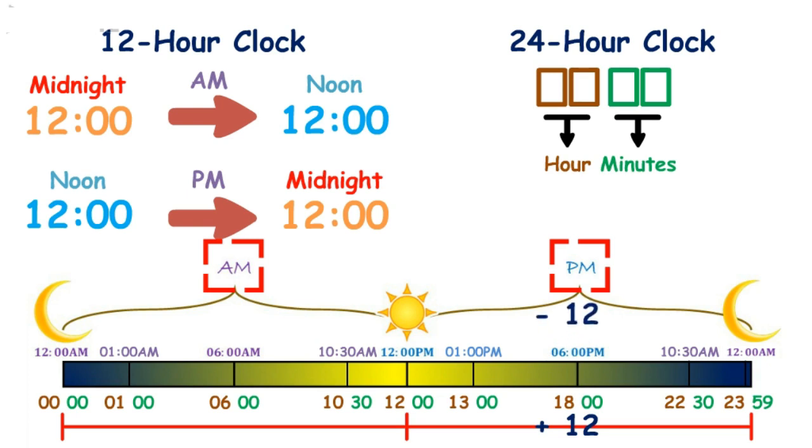For example, 1300, 13 minus 12, equals 1. In the 12-hour clock, the time is 1 p.m. Or 2000, 20 minus 12, equals 8. In the 12-hour clock, the time is 8 p.m.